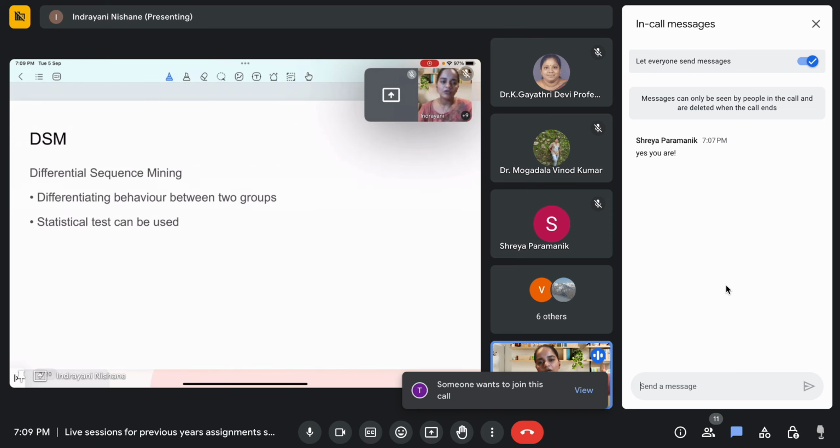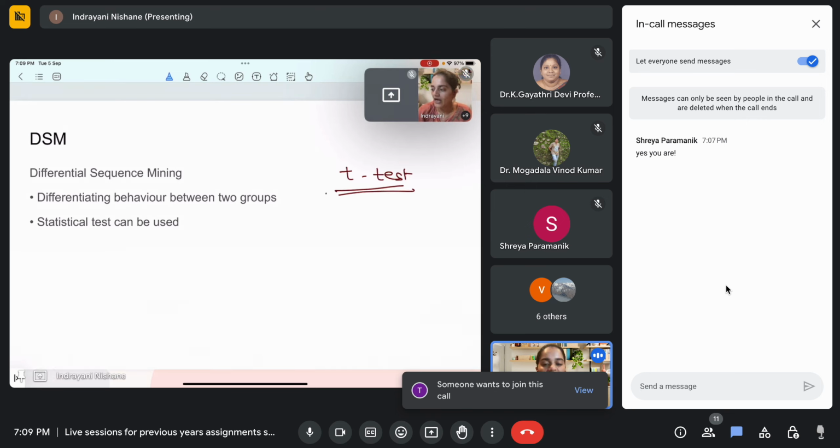So what DSM does is, DSM gets the different patterns of 2 groups. We divide the learners into different groups and mine for the frequent patterns, and then compare occurrences of those patterns by a statistical test such as the t-test.